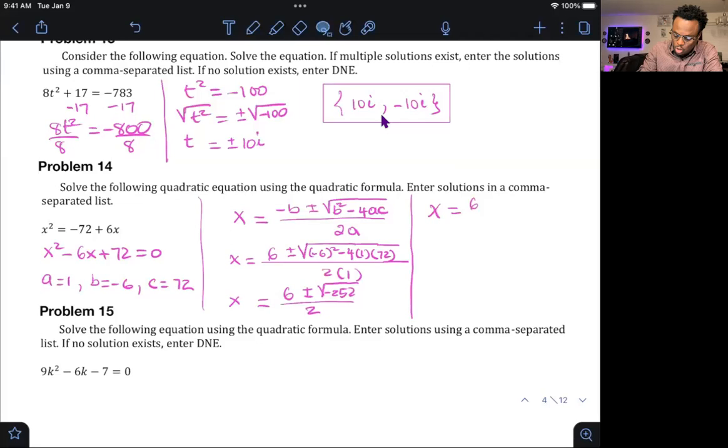So that is 6 plus or minus 6i square root of 7 over 2. So divide by 2. So that's x equals 3 plus or minus 3i square root of 7. And then the solution is 3 plus 3i square root of 7 and 3 minus 3i square root of 7.